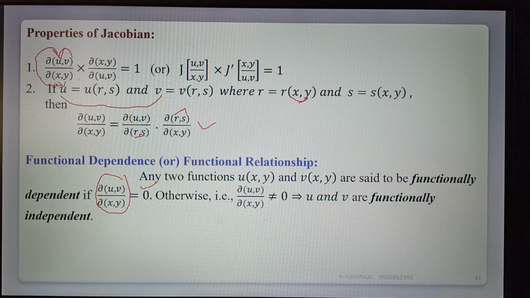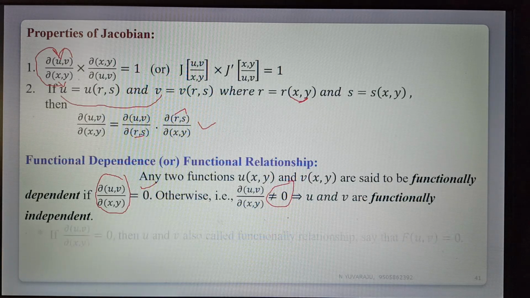If the Jacobian is 0, then u and v are called functionally dependent. Otherwise, in case the Jacobian is not equal to 0, both u and v are called functionally independent. Jacobian 0 is functionally dependent, Jacobian not equal to 0 is functionally independent.